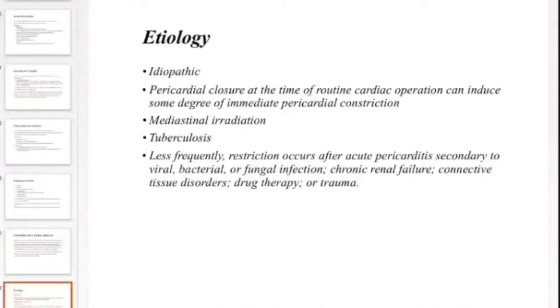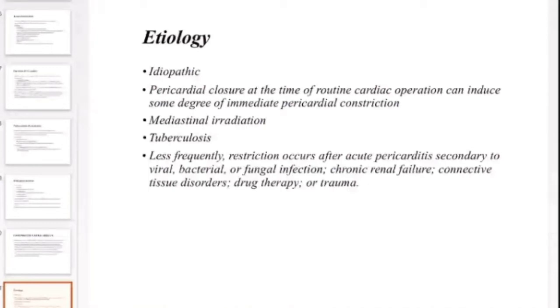Mediastinal radiation leads to constrictive pericarditis, as I mentioned. Tuberculosis is more common and leads to constrictive pericarditis, and less frequently to restrictive pericarditis. Acute pericarditis is secondary to viral or bacterial causes. We rarely see it post-viral, and rarely with bacteria, and possibly fungal, in a limited number of cases; maybe you have a restrictive pericarditis.